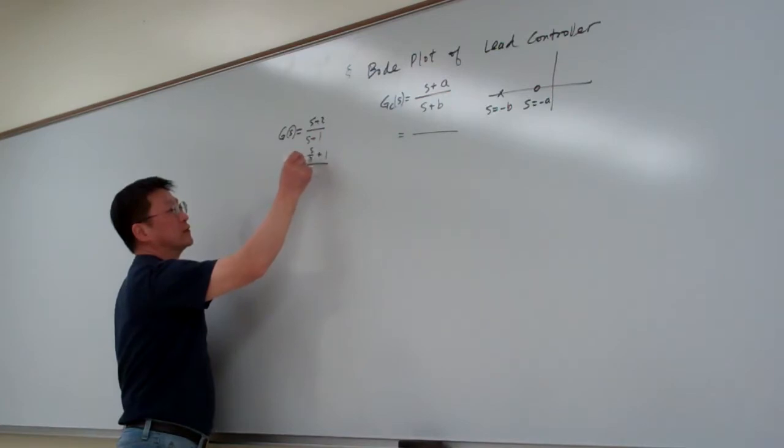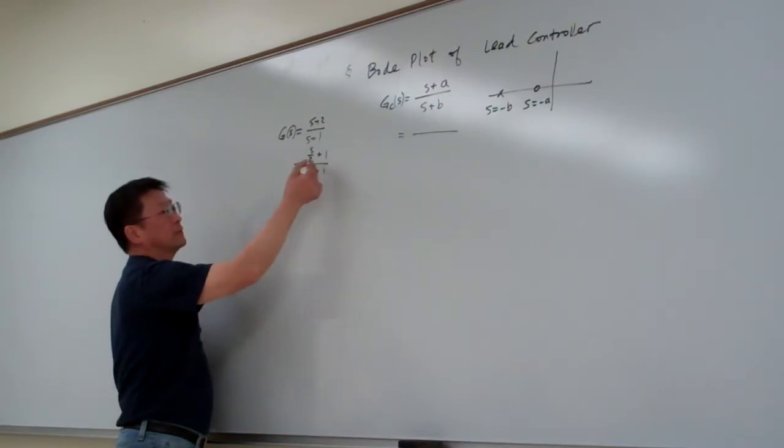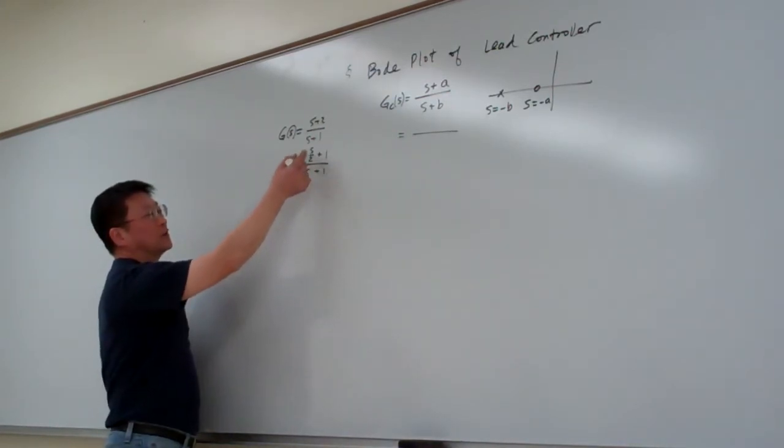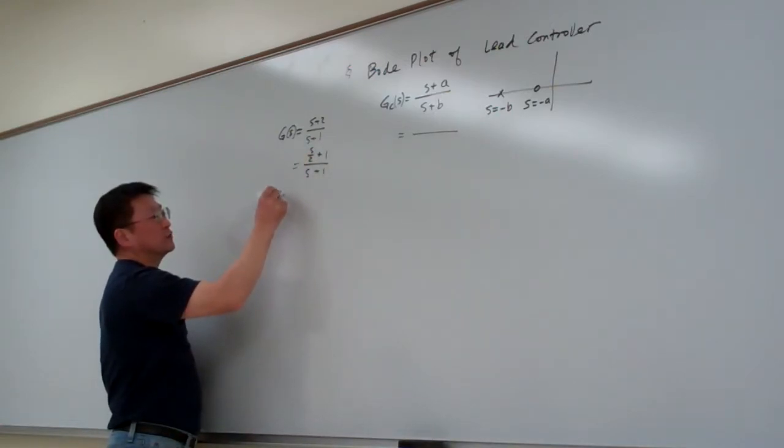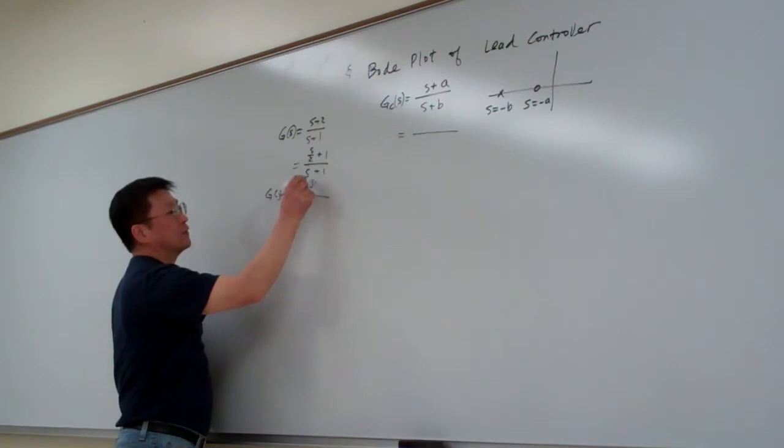Okay, so here you have basically like this, because later on we introduce S equal to J omega. So for example, here it is J omega plus 2.